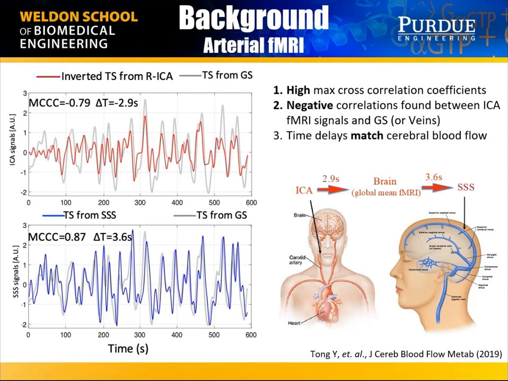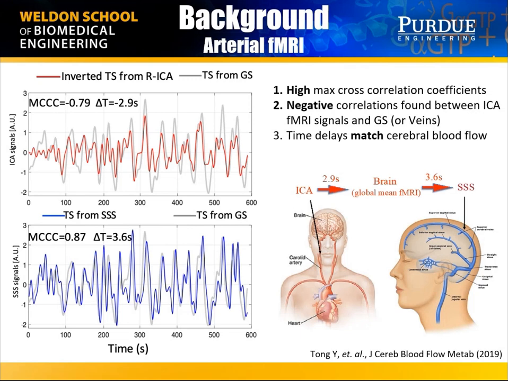At the top left figure, I plotted in red the internal carotid artery BOLD signal, reversed, and the green one is the global mean signal. On the lower left, I'm showing you the superior sagittal sinus signal in blue, and the same global mean signal in the background as gray.